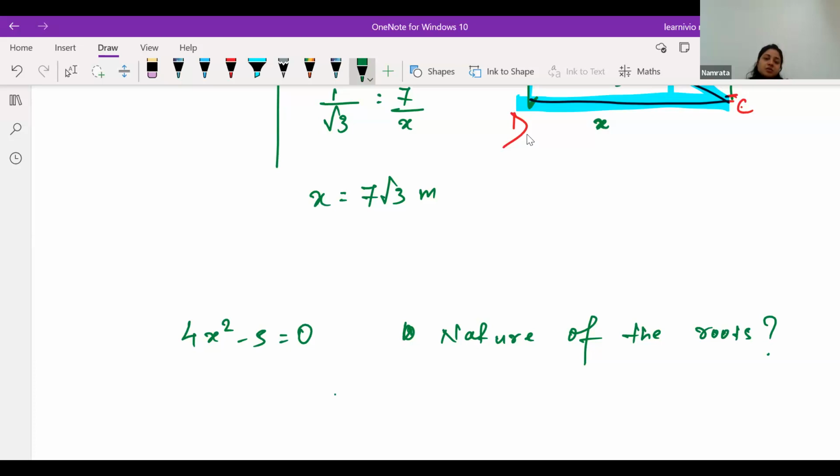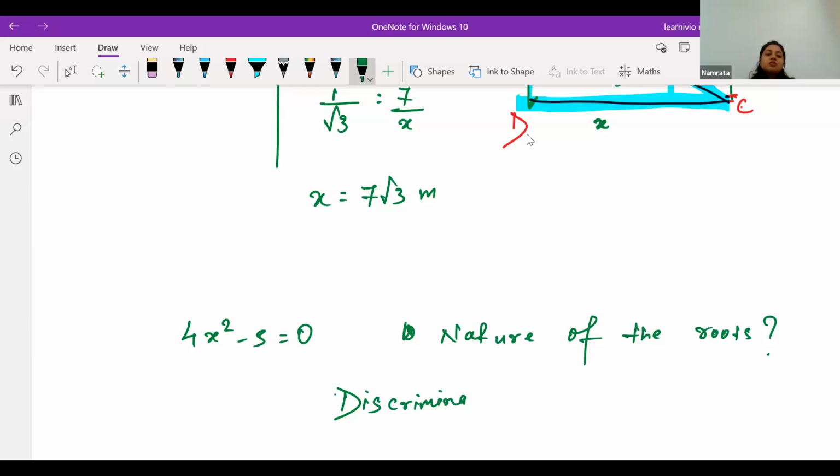Is it under root b square minus 4ac? No, ma'am, b square minus 4ac. Yes, it is b square minus 4ac, but root is not there. Root is there in the quadratic formula, minus b plus minus root b square minus 4ac by 2a. But for the discriminant, it is just b square minus 4ac.